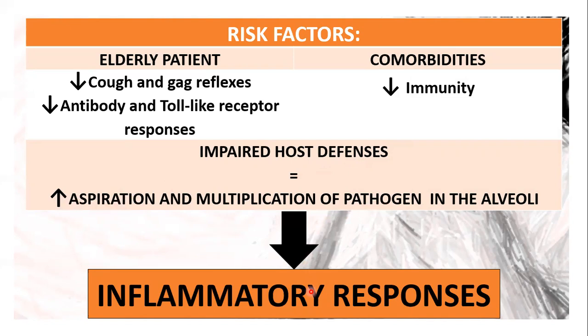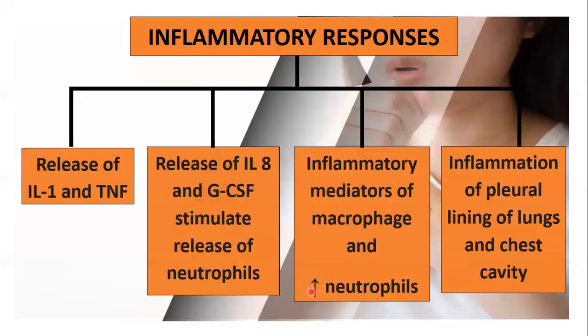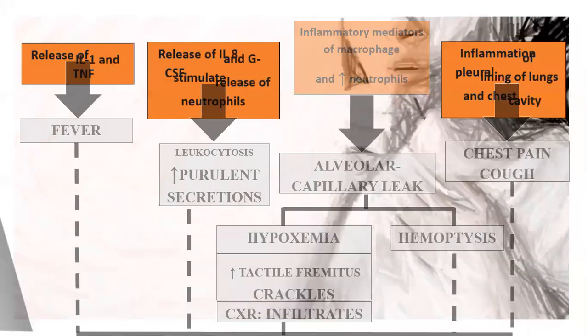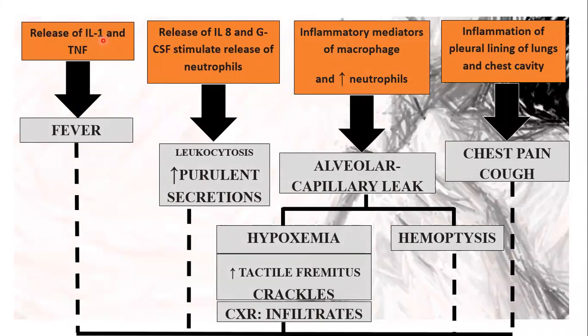So next, here are the inflammatory responses that our body produces in response to the infection. And we'll go through this one by one, starting with the release of interleukin 1 and tumor necrosis factor. This would lead to the fever, increase in body temperature in our patient. So if you have the release of interleukin 1 and tumor necrosis factor, it would manifest as fever.